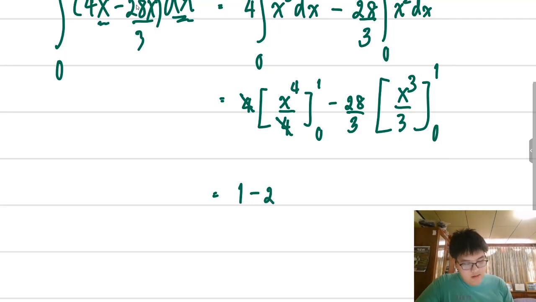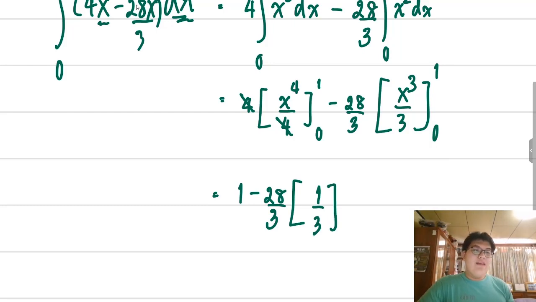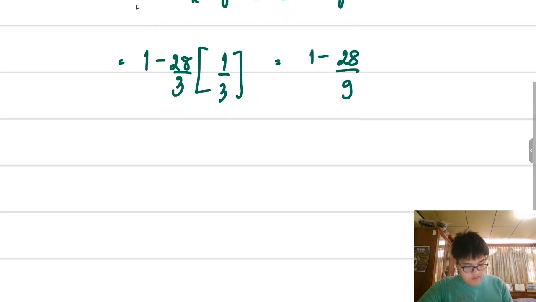Then next is 8 over 3. Inside this one we take 1 over 3, and at 0 we get 0, so I didn't write it here. It's 1 minus 8 over 9, like this.